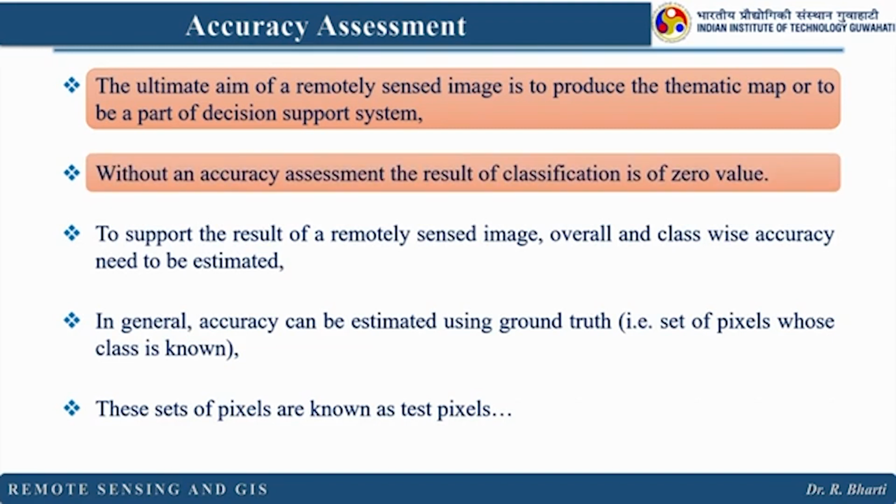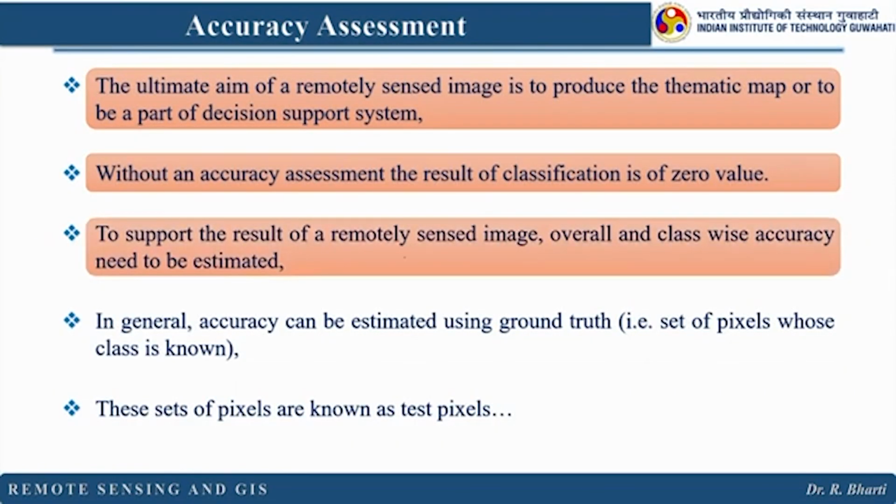Without an accuracy assessment, the result of classification is of 0 value, because if I show you the classified image, but I did not mention what the classification accuracy was, then that classification result is of no use, because nobody will accept it without an accuracy, right.